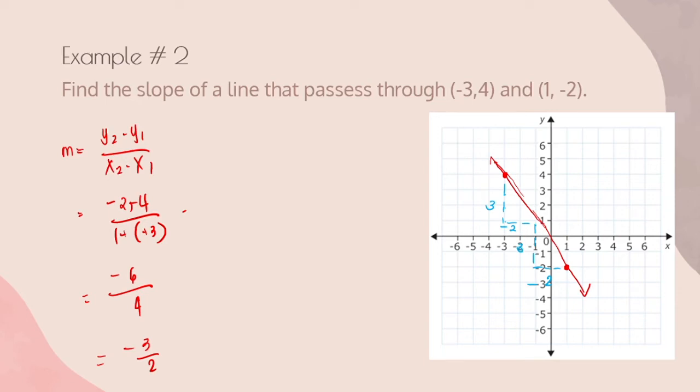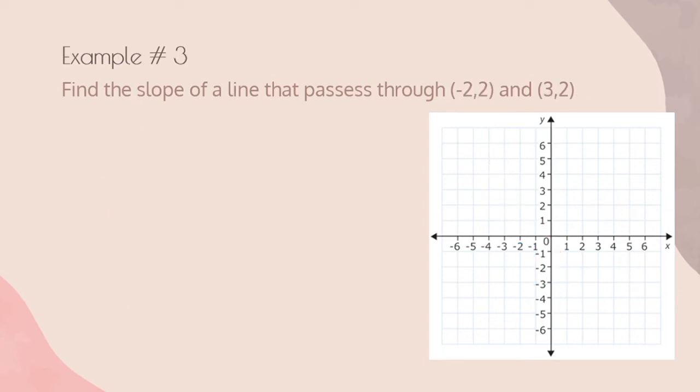All right. So next, let's move on to example number 3. We have to find the slope of a line through -2, 2, and 3, positive 2. So let's just substitute the given in the formula.